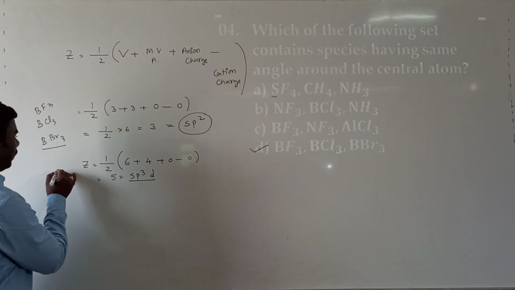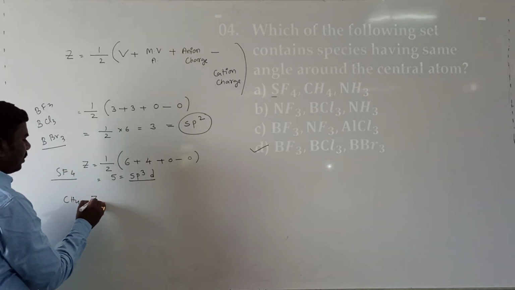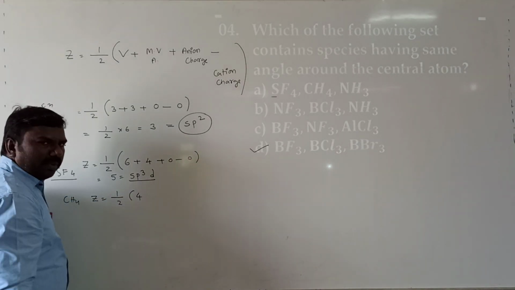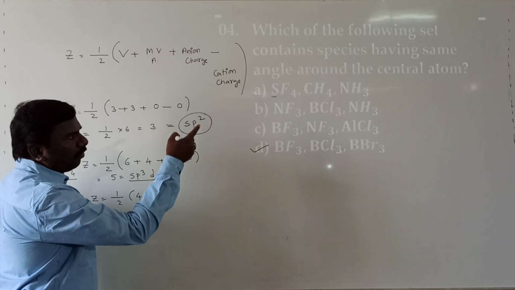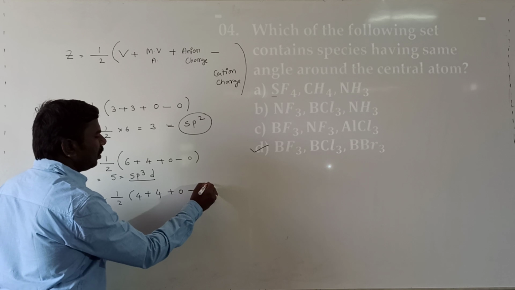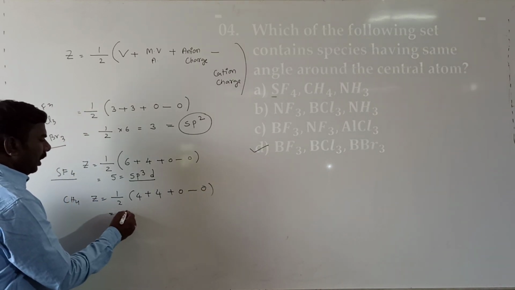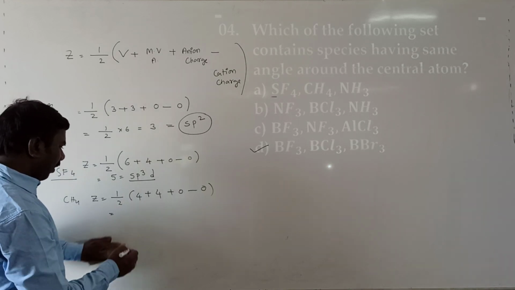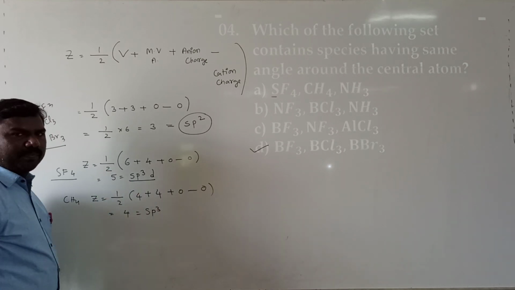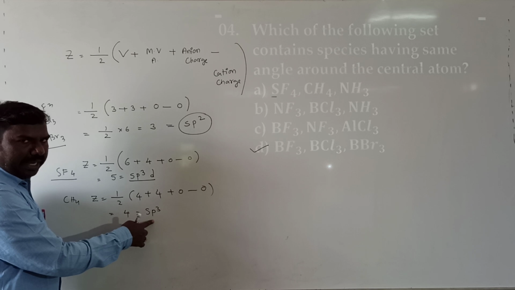This is for SF4. CH4: Z equal to half into carbon, 14th group, 4 valence electrons, plus 4 monovalent hydrogen atoms, no positive charge, no negative charge. So 8, half into 8 is 4, that is equal to sp3. It is not sp3d, it is sp3. Bond angle will be 109.